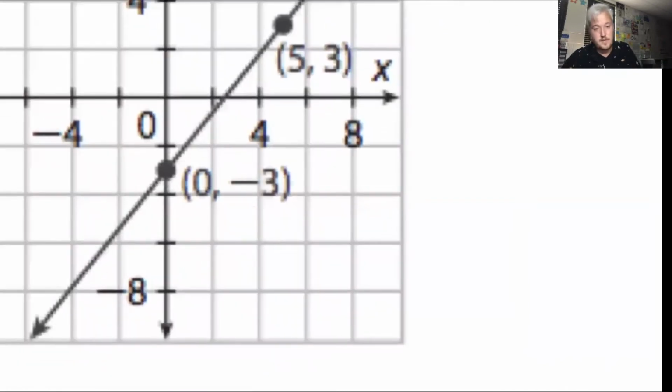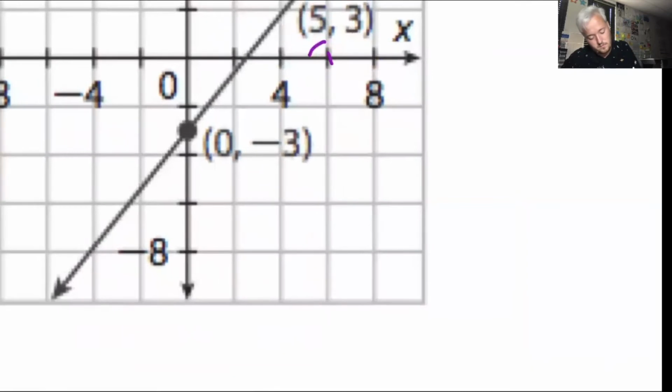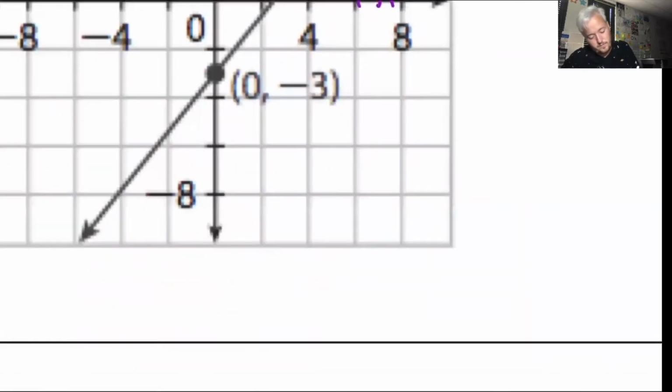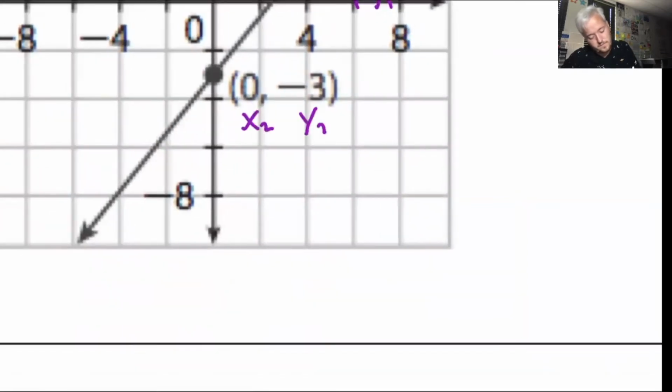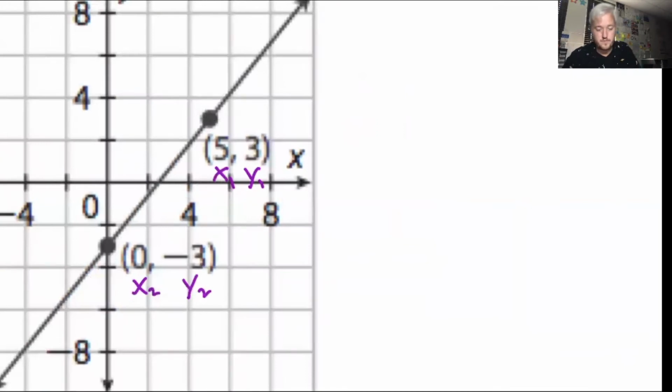So when I say slope, I'm going to label the points: x1, y1, x2, y2. If you remember, it literally doesn't matter how you label. I probably labeled them backwards from what you probably have.